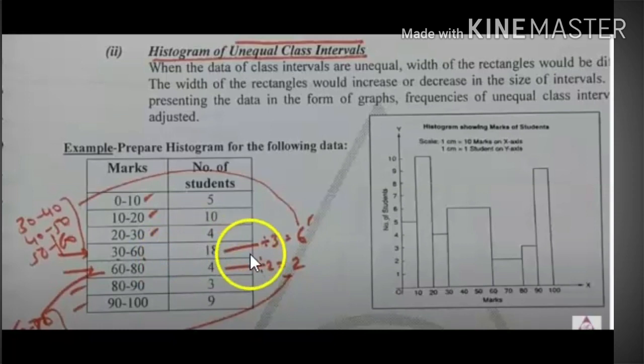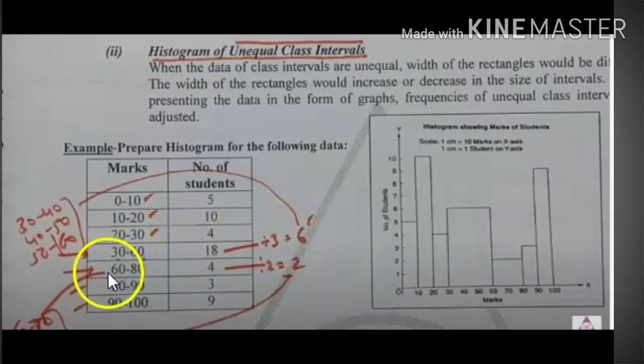First you have to divide this by 3, because three intervals have been combined, so you find the answer in split form. 18 divided by 3, you will get 6.